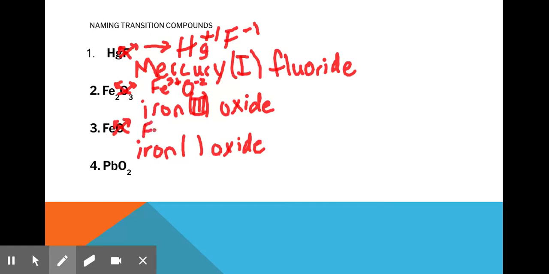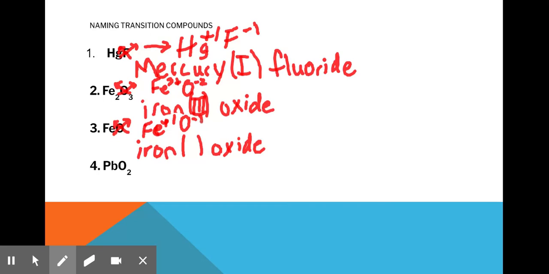So you end up with Fe +1, O -1. There's no subscript next to the O, so that number is 1. No subscript next to the iron, so that is also 1.